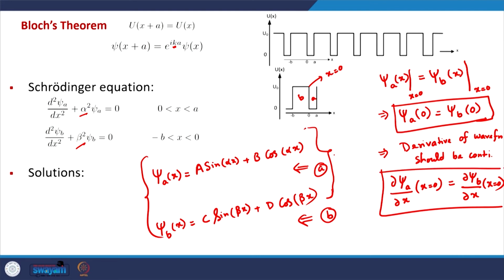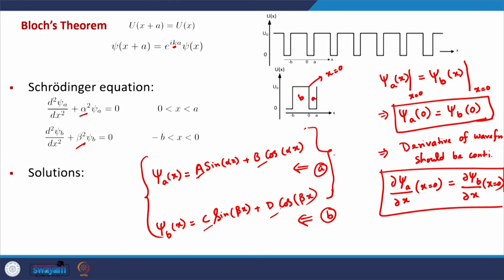So these two boundary conditions we obtain from the basic postulates of quantum mechanics. But there are 4 variables, and we need at least 4 conditions to solve for all 4 unknowns here, these A, B, C and D.